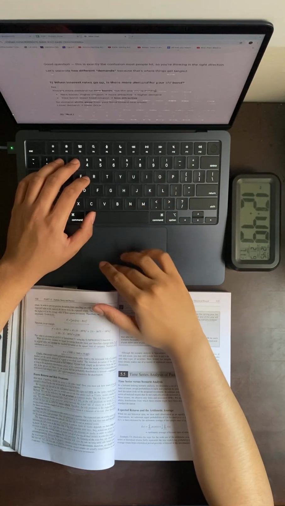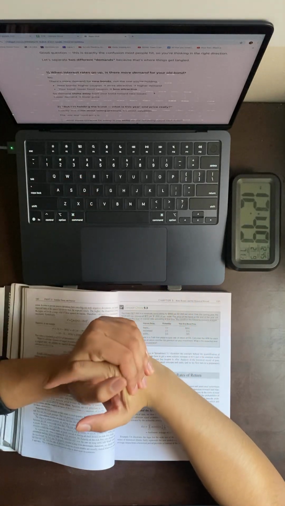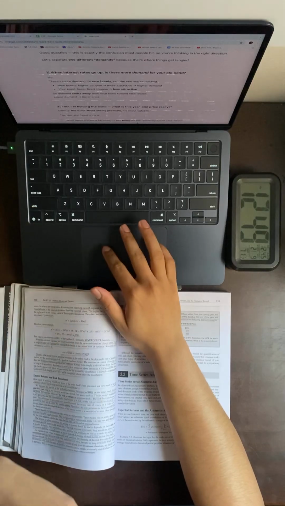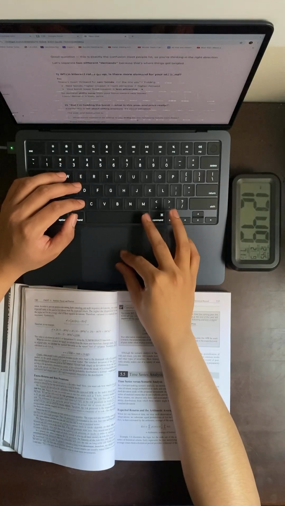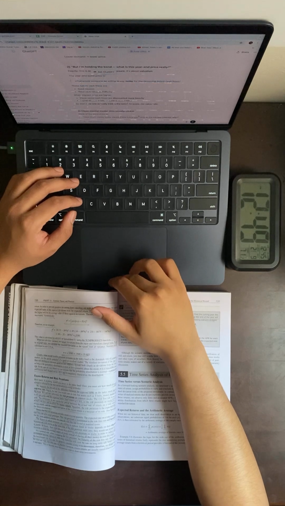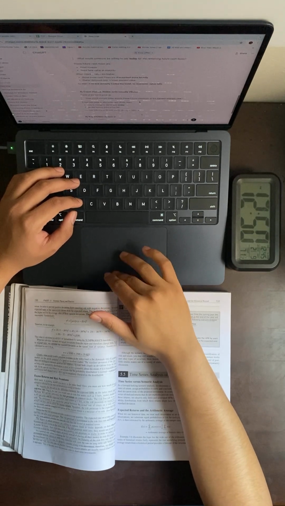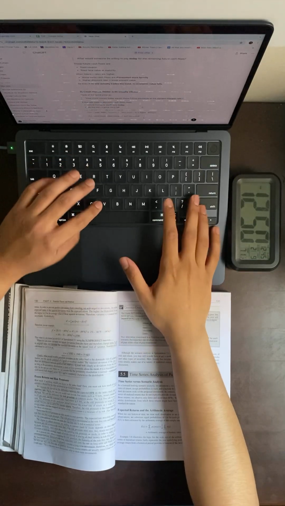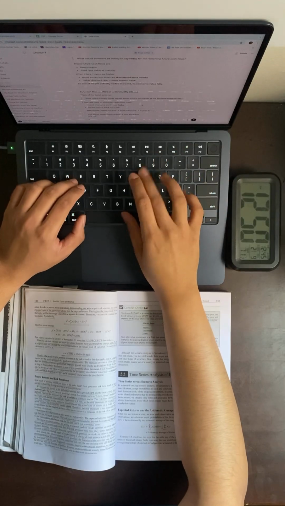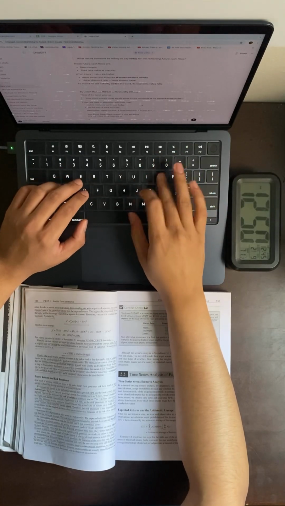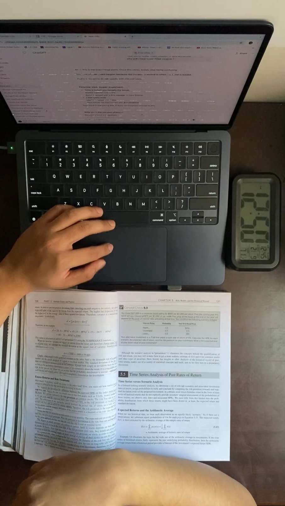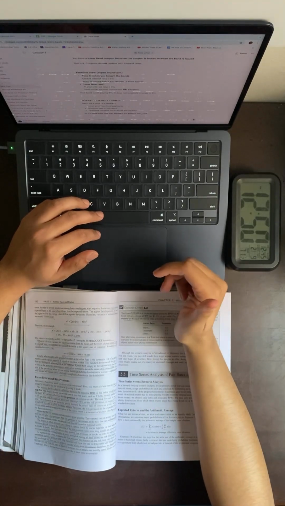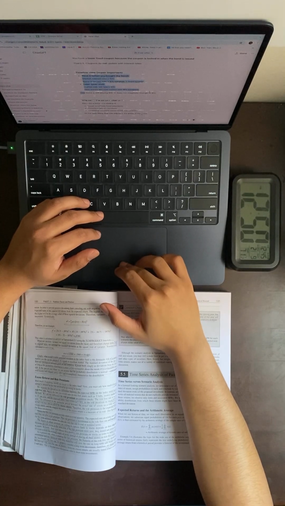Okay. Higher coupon, more attractive, lower fixed coupon. Oh, okay.